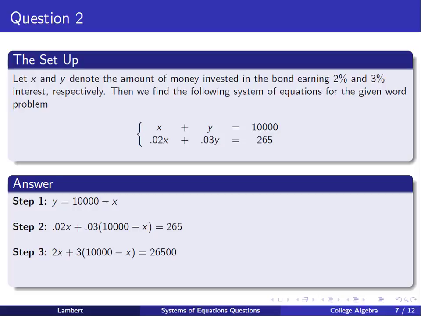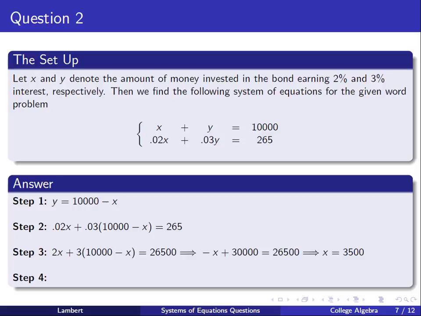Well, if you distribute that 3 on through, notice you get 30,000 minus 3x, but 2x minus 3x equals negative x, so negative x plus 30,000 equals 26,500. So notice you can simplify, subtract 30,000 from both sides, so you get negative 3,500, but negative x equals negative 3,500 gives us x equals 3,500. So plug this back in, we get our y value.